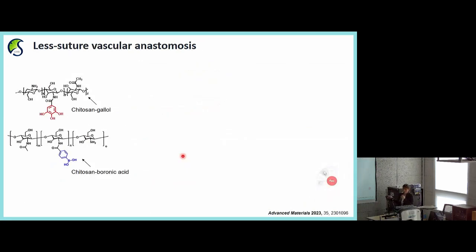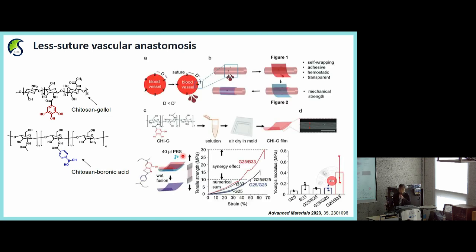Based on this research, we recently developed a blood vessel sealing material using two different polymers. The first one is the chitosan gallol as the adhesive polymer, and the second one is the chitosan boronic acid as an elastic polymer for supporting the mechanical modulus of this chitosan gallol.